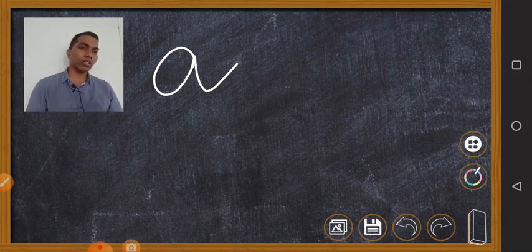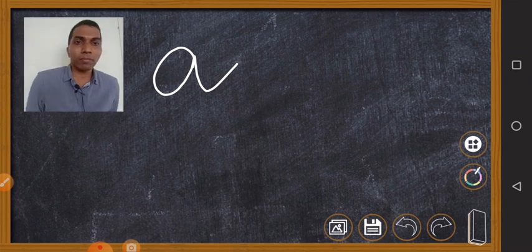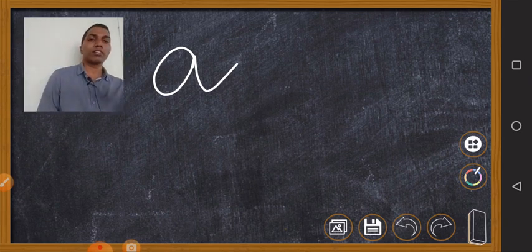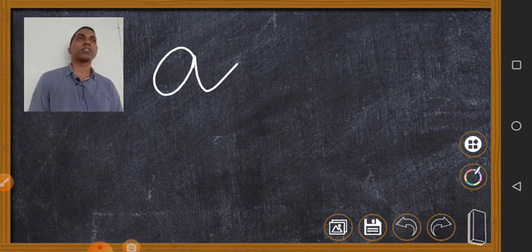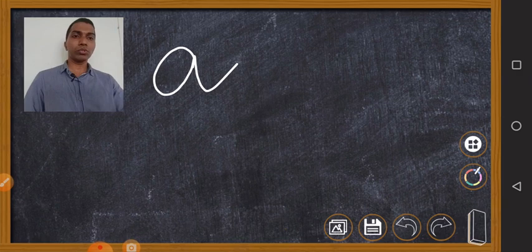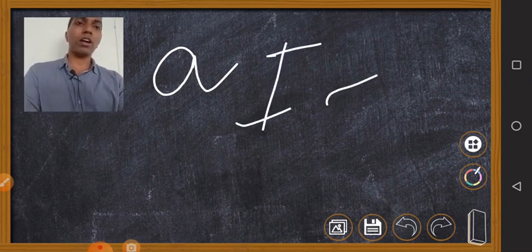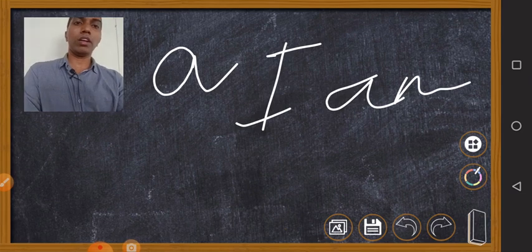I have been making you travel through this journey. The journey is to understand articles properly. Now, whenever there is an article, what should come after it? Whenever you use a, you can't use just I am a.